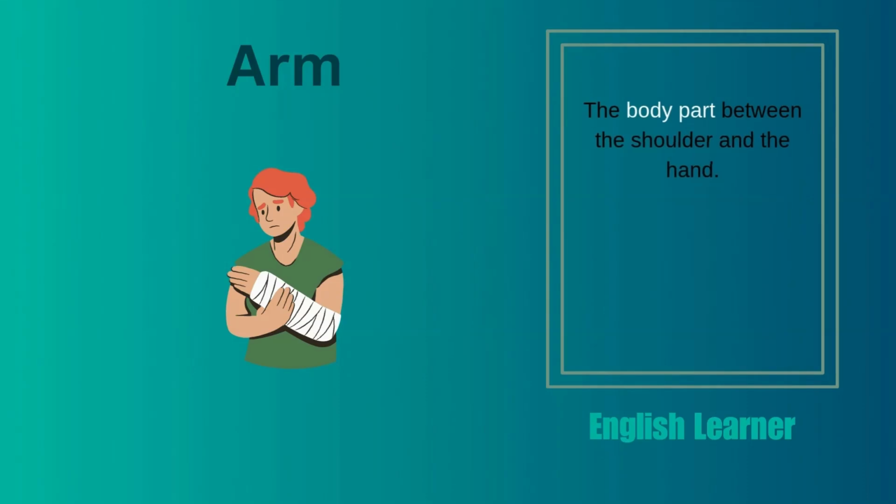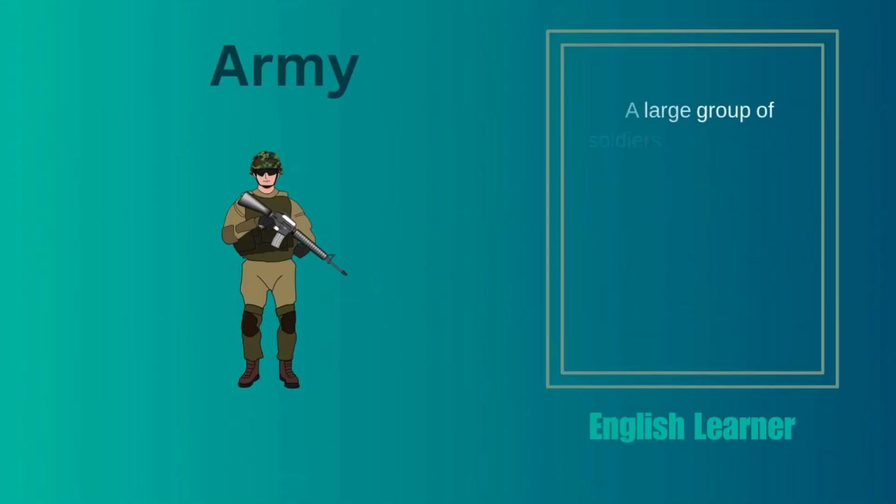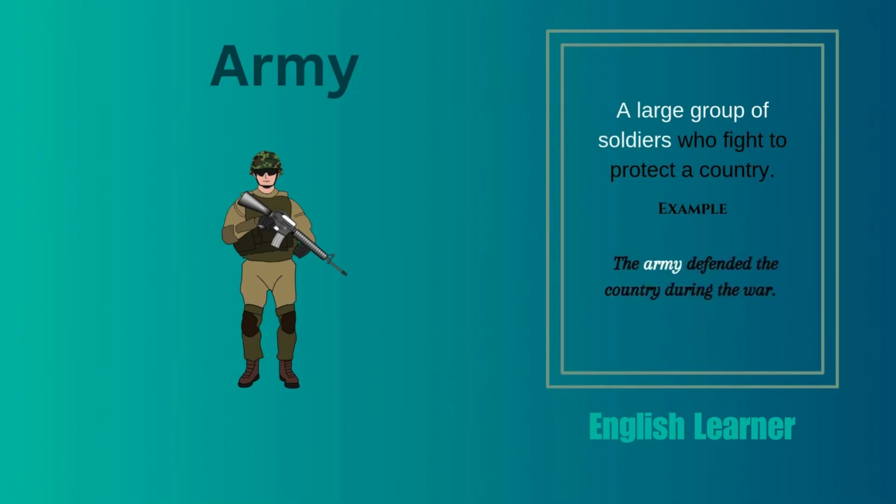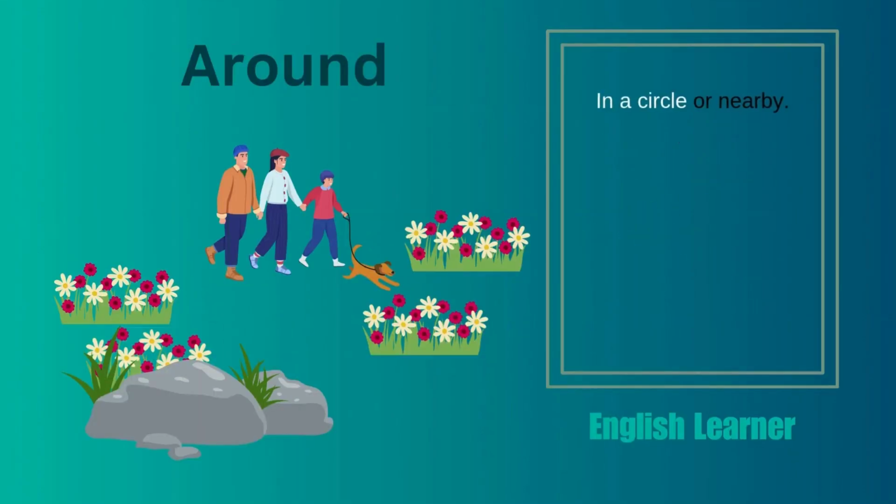Arm. The body part between the shoulder and the hand. Example. He broke his arm while playing football. Army. A large group of soldiers who fight to protect a country. Example. The army defended the country during the war. Around. In a circle or nearby. Example.